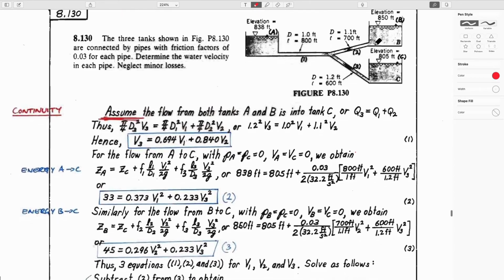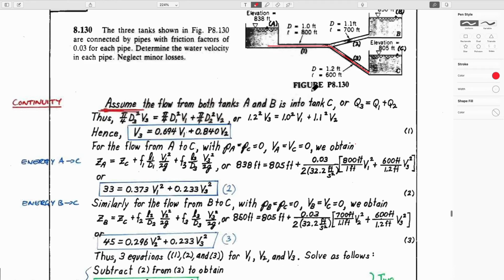The circuit in this particular case would be from high elevation to low elevation through this circuit as 1, and from high elevation to low elevation through this circuit as 2.